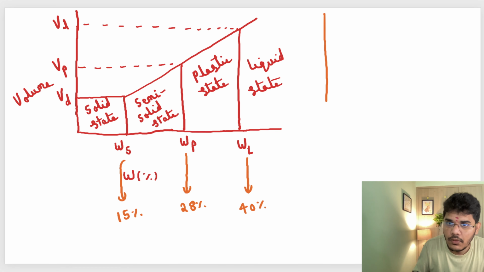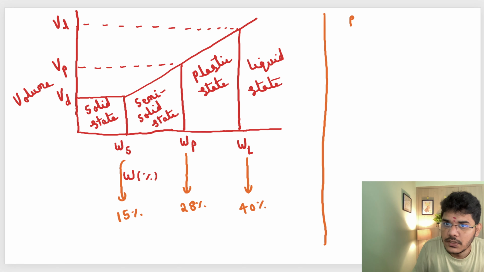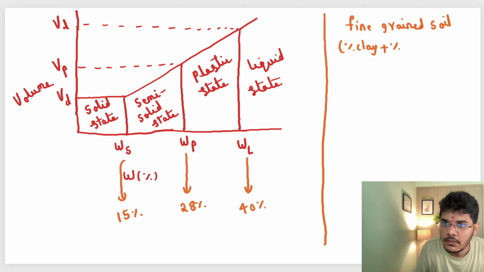Now one more thing he has given: it is a fine grained soil. In a fine grained soil, clay will be there plus silt will be there, so let us suppose those two make 100%.